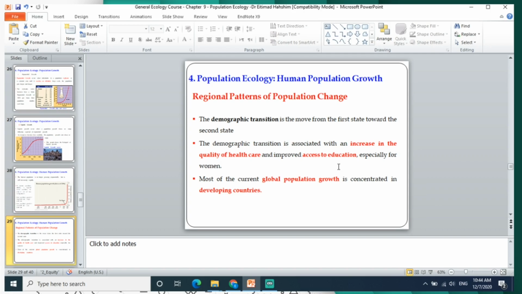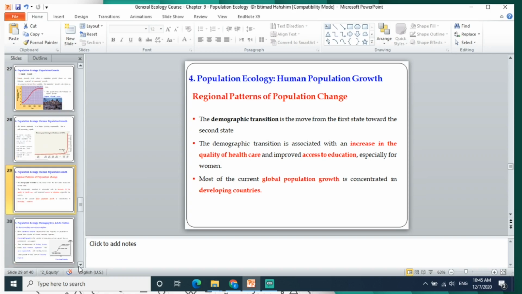Most of the current global population growth is concentrated in developing countries. In developed countries, like Italy, lifespan is longer than in developing countries, because developing countries are associated with having many children, but most of them die due to the absence of quality health care, access to education, medicine, and all sorts of things.